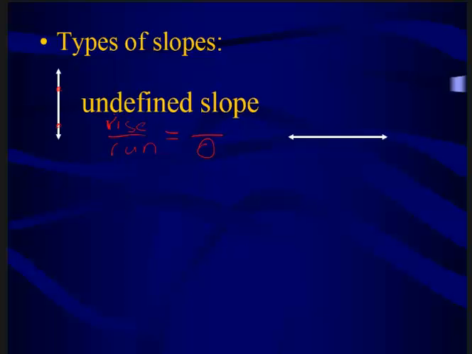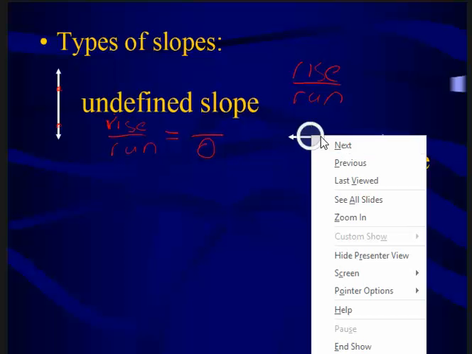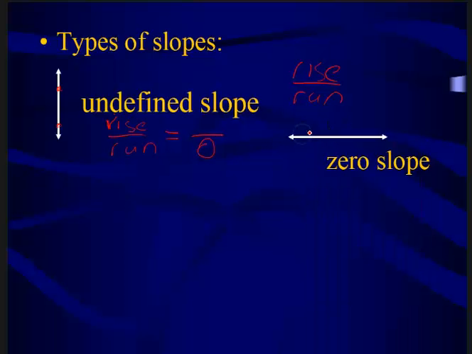A horizontal line has a slope of 0. Why? Again, if we define the slope as rise over run, here's one dot, maybe. Here's another dot. Did I rise any?